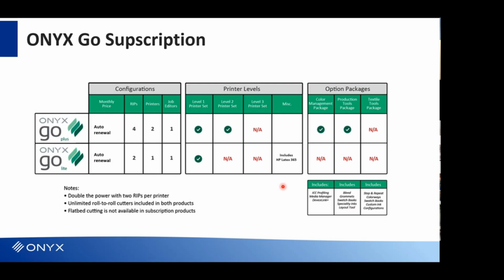The only difference with a subscription model is that we can't upgrade if there is a need to build additional functionalities with Lite and Go Plus. So it's not possible. If a customer really needs productivity with level 2, 3 printers, then they will have to opt in for Thrive, this system.